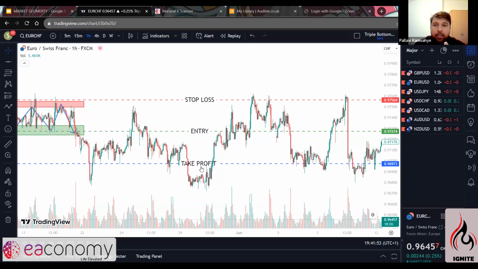Like I said, to be honest with you, in a lot of trading styles, entry points are always identified through lower time frames, unless you're scalping, of course. When you're scalping, it's a different ball game.